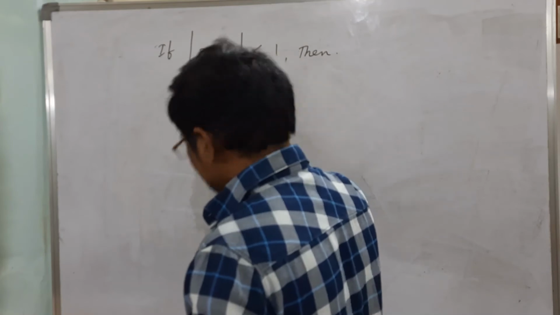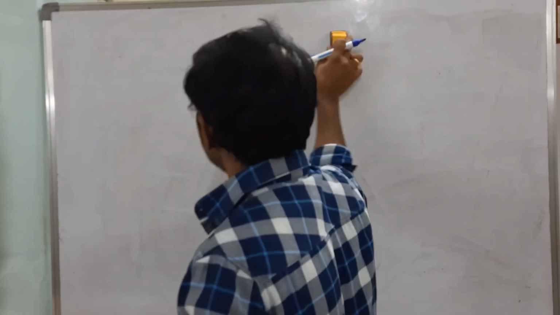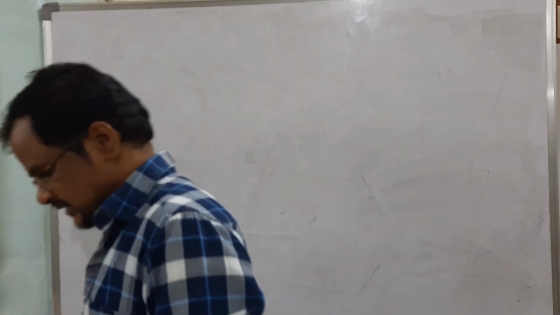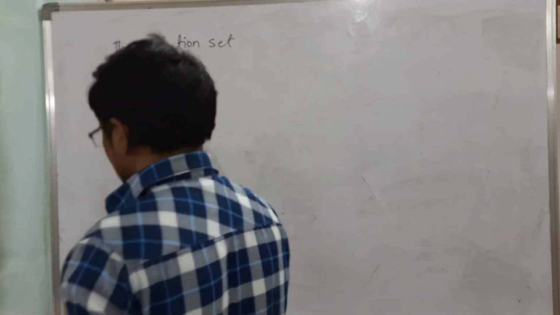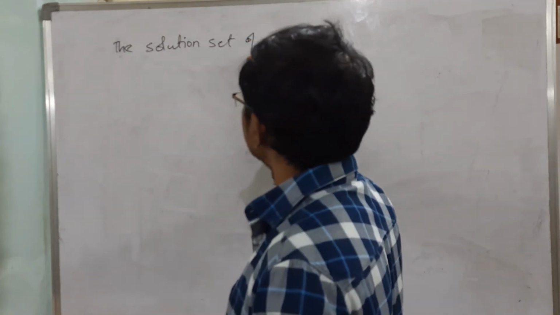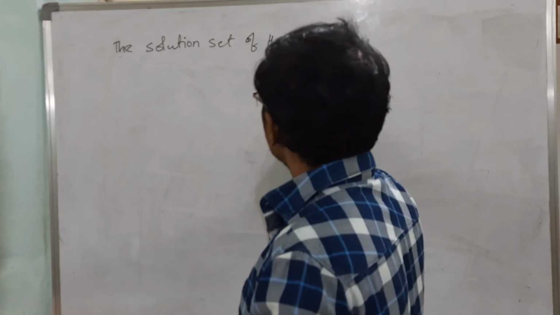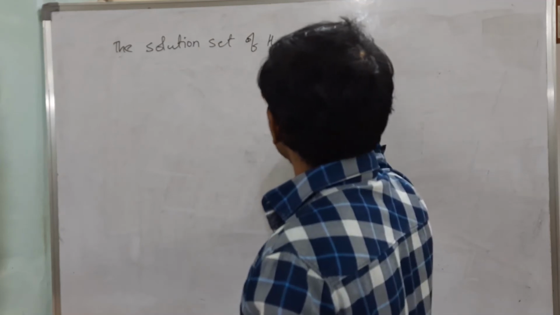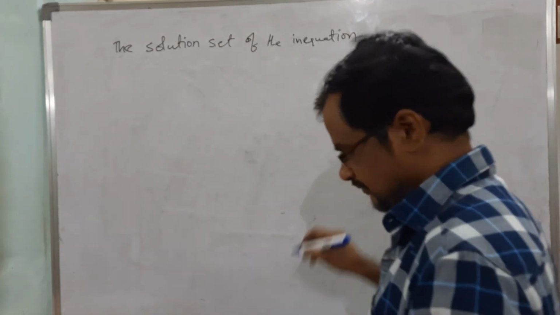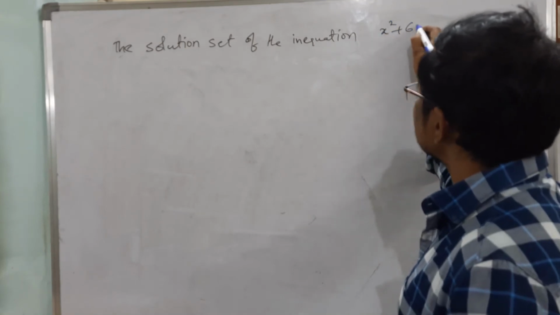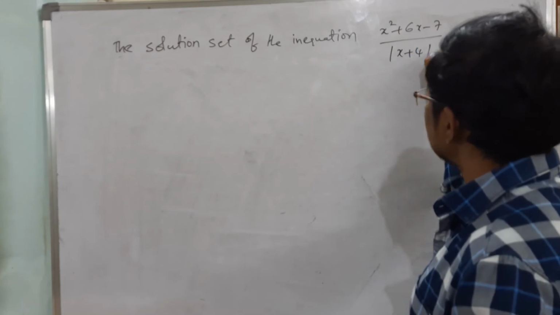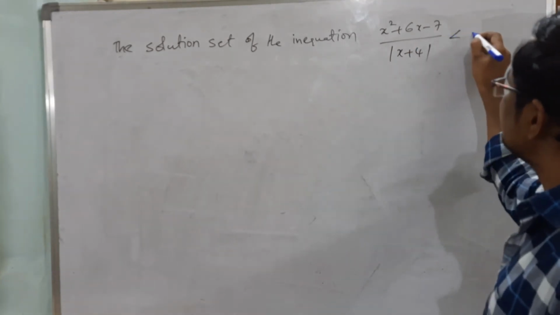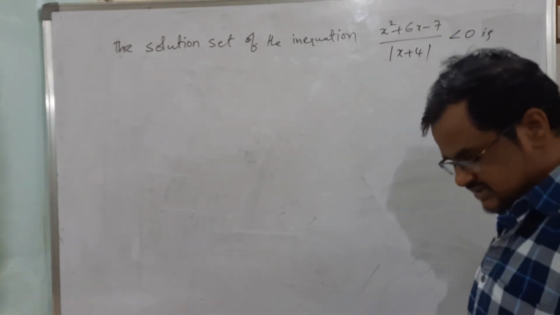So I will do one more problem. This is different from the previous problem. The solution set of the inequation x square plus 6x minus 7 by modulus of x plus 4 less than 0 is, here 4 options they gave.